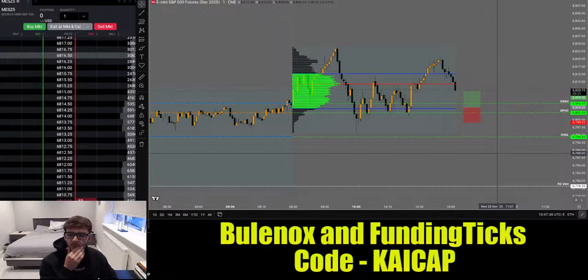Yeah, TopStep, is TopStep better than Bullinox? No, they're not. If you pass in a month with TopStep's no activation fee, TopStep's better. But if you're going for that, then you may as well go for Funding Ticks and get an even better price. If you're going for TopStep's standard account, Bullinox is better.